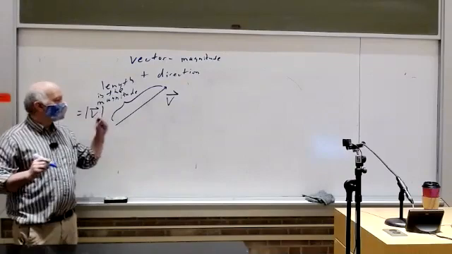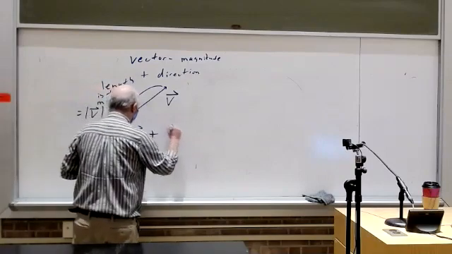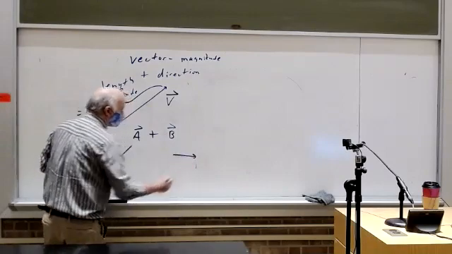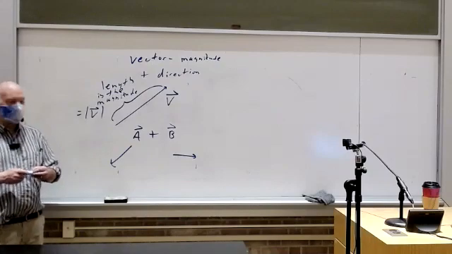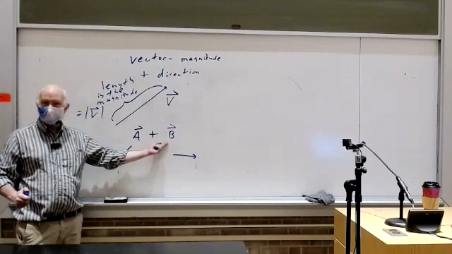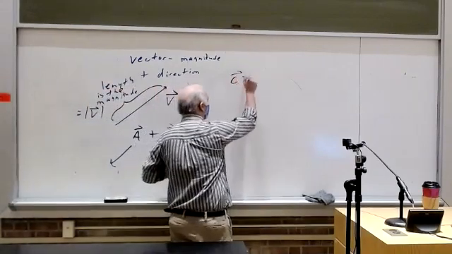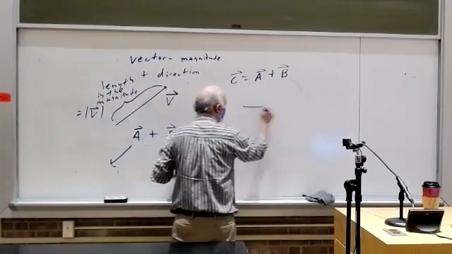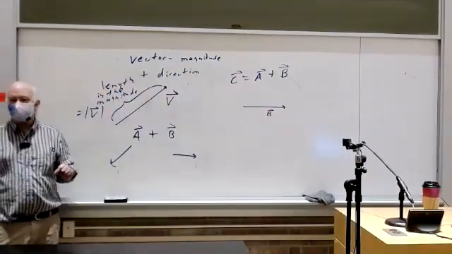Okay? Now, how do vectors add? So if I have A plus B, and A looks like this, B looks like that, how do vectors add? Tip to tail. Do you have to start with this one, or this one? Doesn't matter. So I'm going to start with B here. Now how do I add A to it?